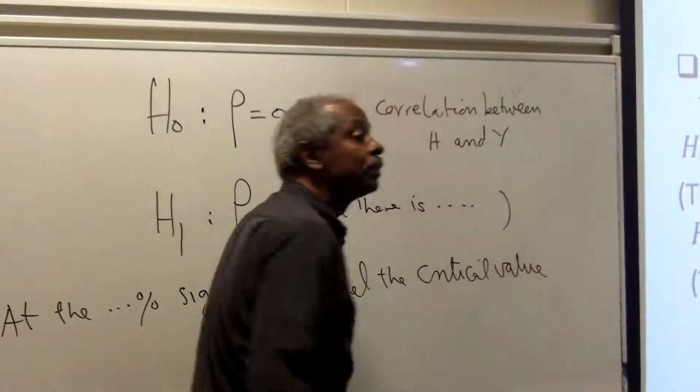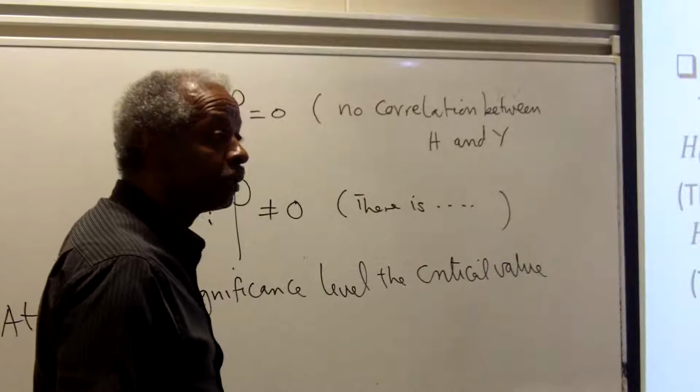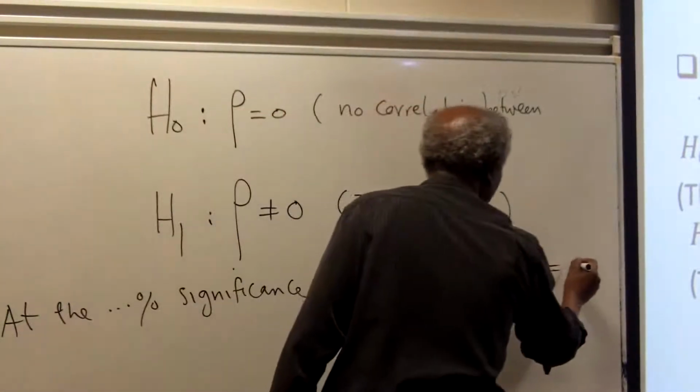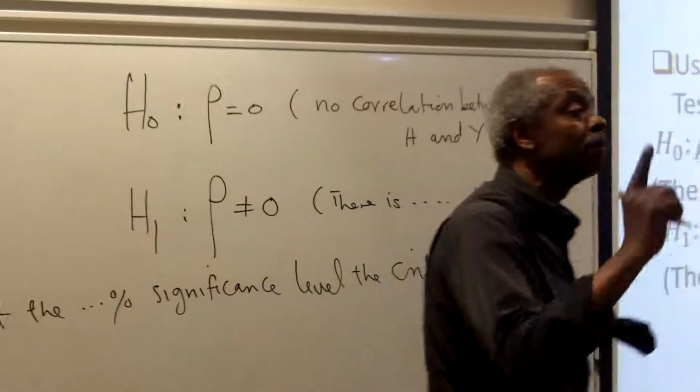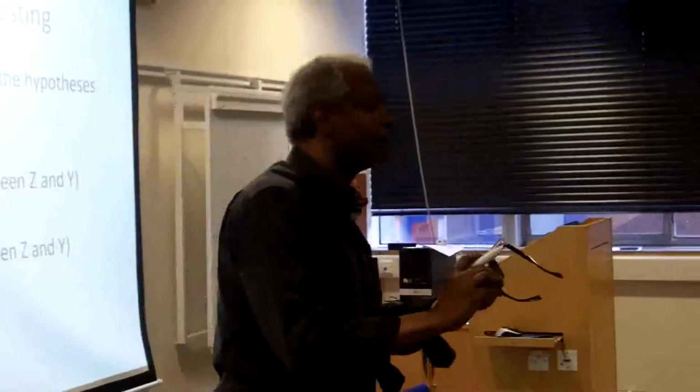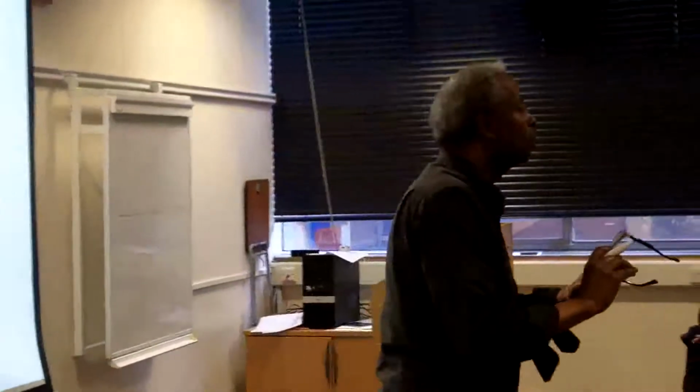And this is going to come out of the table, of course. You're going to look at the table and produce a critical value. Now the critical value is decided by two considerations. A, the fact that this is a two-tailed test. B, the value of the significance level you started with.